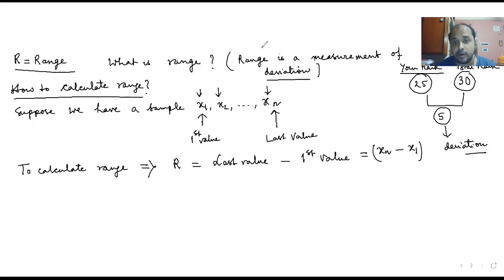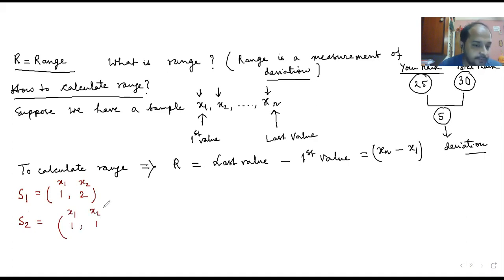Now let us talk about my samples. My sample S1 contained two values. The value of x1 was 1 and the value of x2 was 2. My second sample, the value of x1 was 1 and the value of x2 was 1.